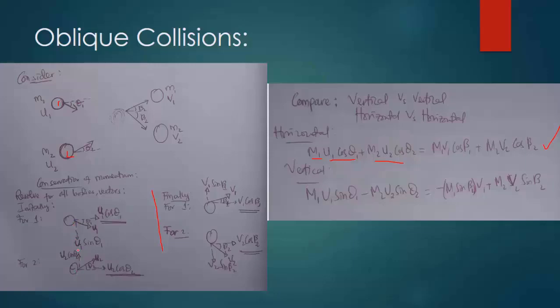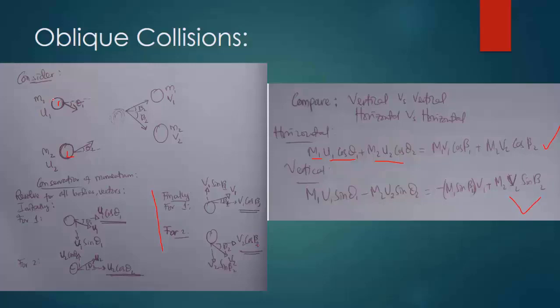It means there must be a minus here, because these are vectors, so you can just assume that positive is downwards. So with downward as positive, you write m1 u1 sin theta 1 minus, because they move oppositely, m2 u2 sin theta 2 is equal to, we said downward is positive, so m2 v2 sin beta 2 will be positive, and upward is negative, so m1 v1 sin beta 1 becomes negative. Then you just equate and solve for the answer.